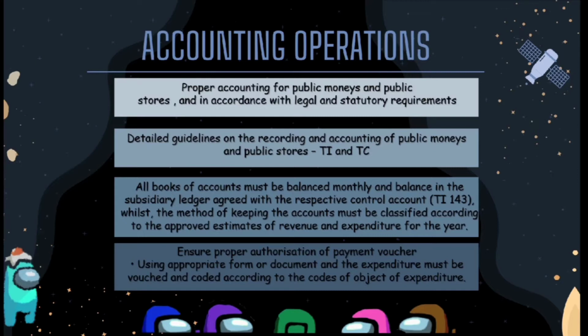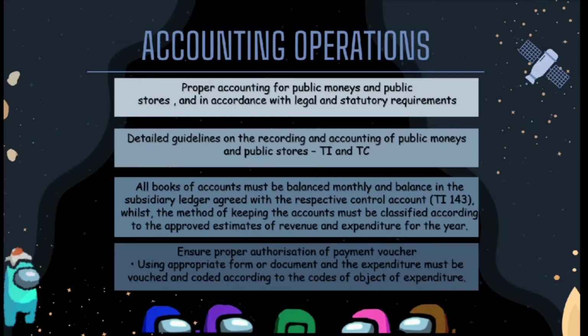There are detailed guidelines on the recording and accounting of public monies and public stores that are provided by TI and TC. Next, all books of accounts must be balanced monthly and balanced in the subsidiary ledger agreed with the respective control account, which is TI 143.